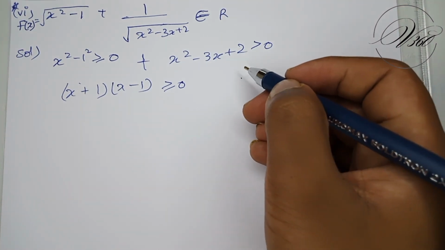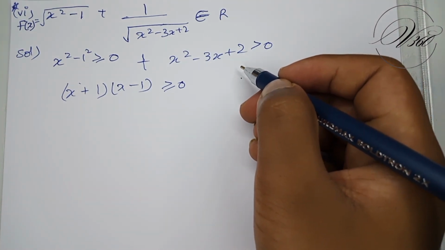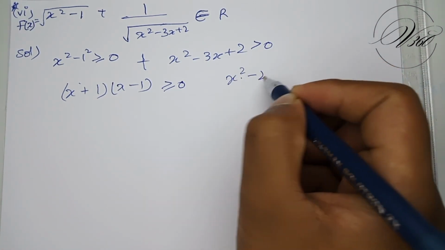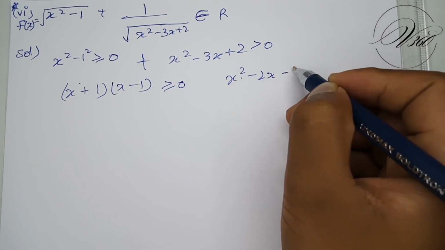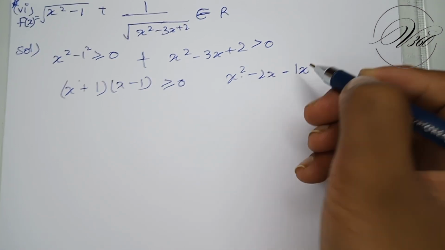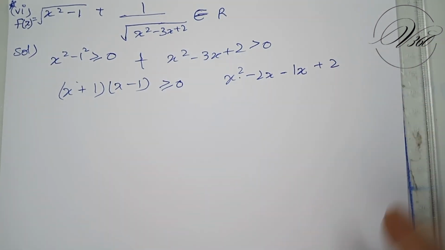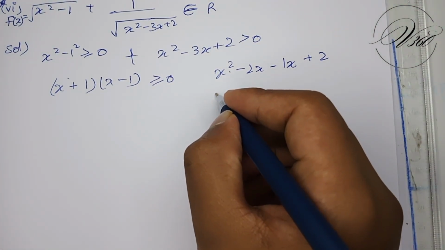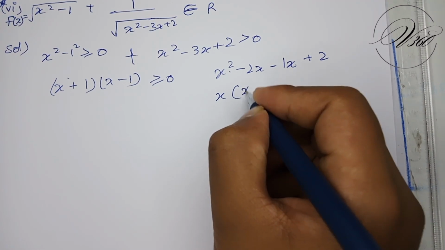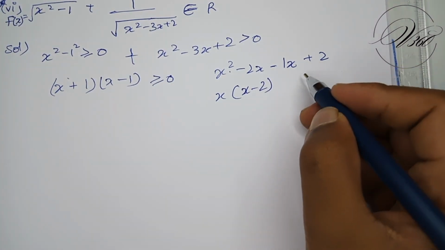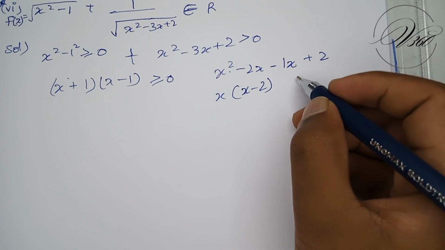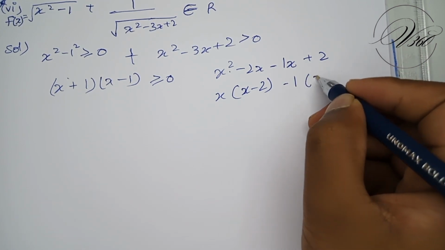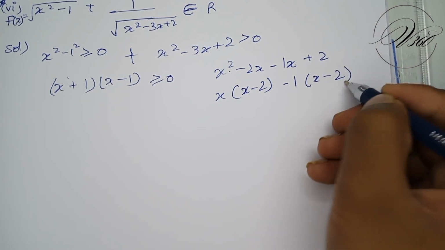For x square minus 3x plus 2, we can take minus 2 and minus 1: x square minus 2x minus 1x plus 2. Here we take x of x minus 2, and minus 1 of x minus 2.